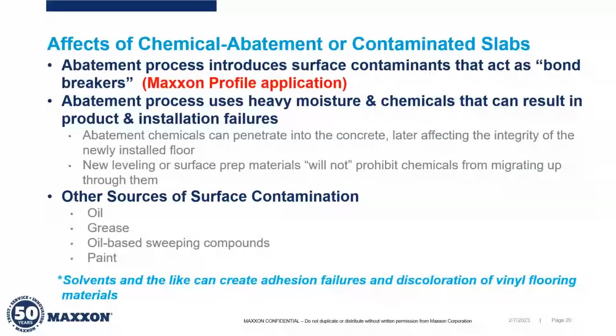And the first one is we know that the abatement companies don't always do a pristine job to remove the solutions that they use to kind of dissolve and break down these asbestos-ridden adhesives. So there's almost always going to be a known contaminant on the surface, either something petroleum-based or soy-based that they used to break down those asbestos adhesives, right?